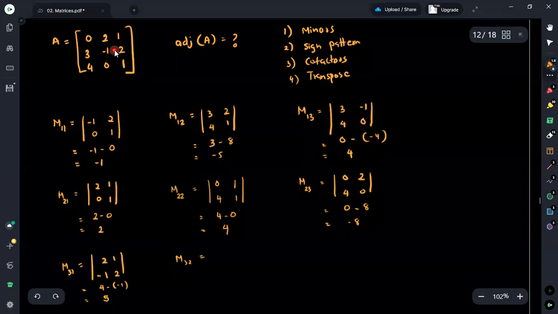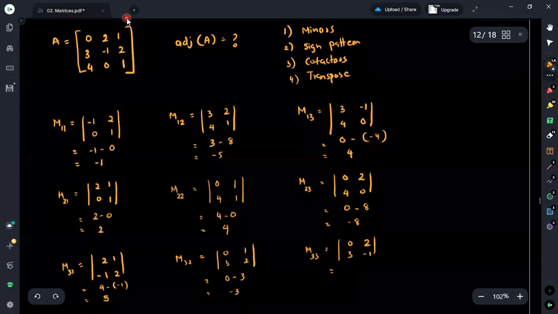M32, third row with second column cut off: 0, 1, 3 and 2 is taken, 0 minus 3 is minus 3. M33, third row with third column: 0, 2, 3 and minus 1, 0 minus 6 is equal to minus.